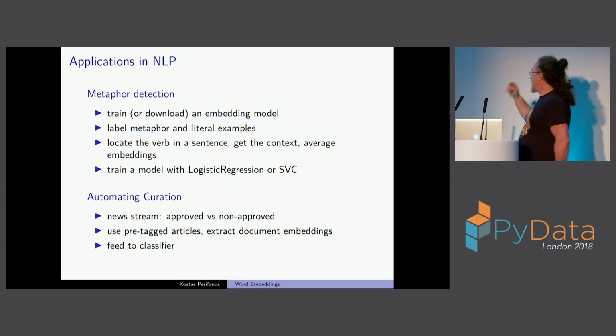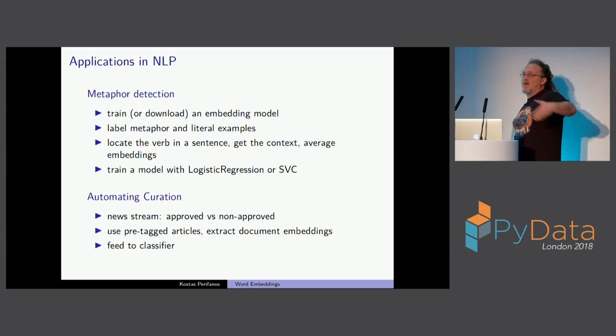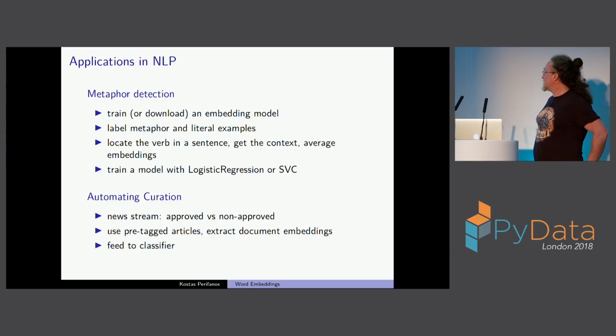And there is another approach from another work. Imagine you're in a newsroom and you're tagging and curating texts like articles, and you need to somehow rank or reject articles based on their propensity to be good, high quality journalistic pieces.